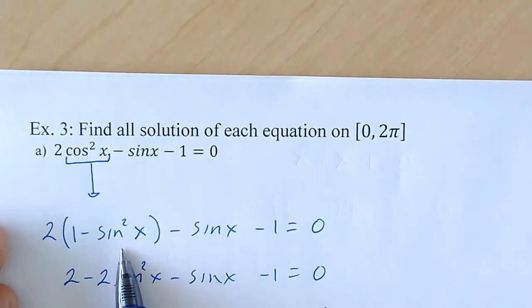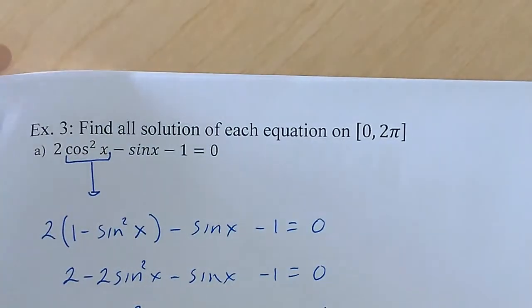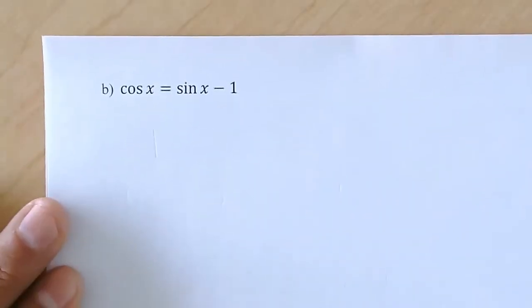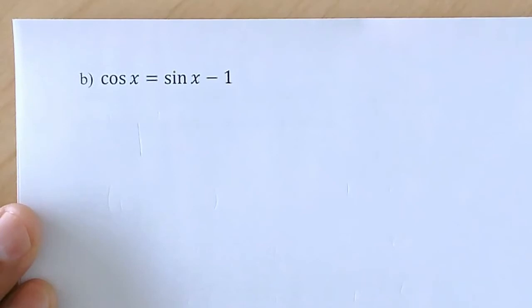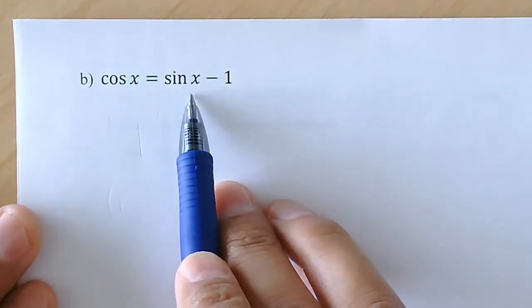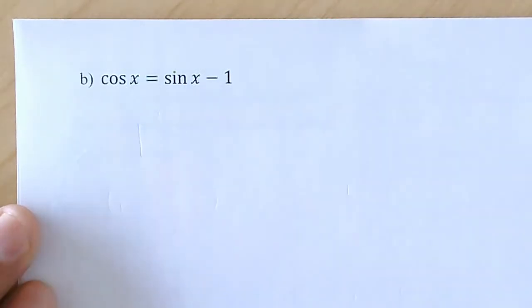So then, we got to be a little bit more creative. To start, I'm going to ask you to square both sides. And when we square both sides, we're going to get cosine squared of x, which will allow me to change that.